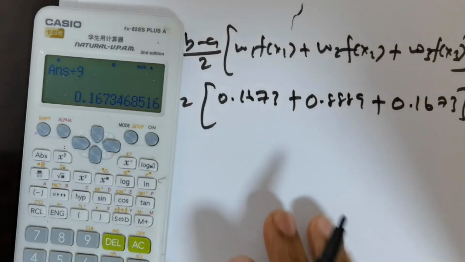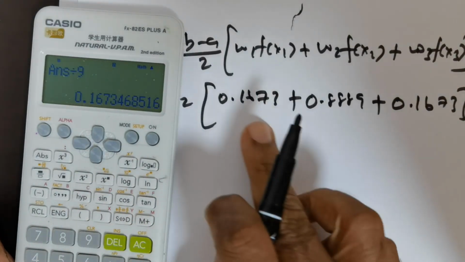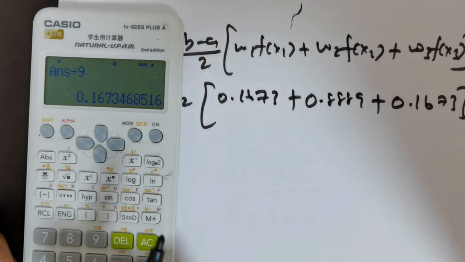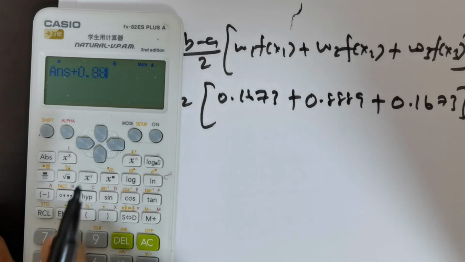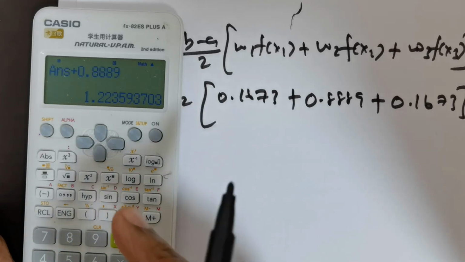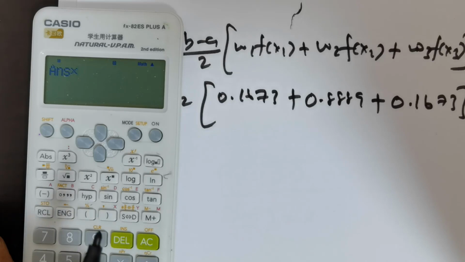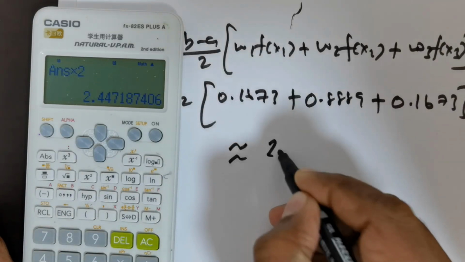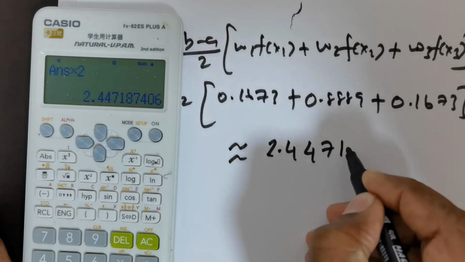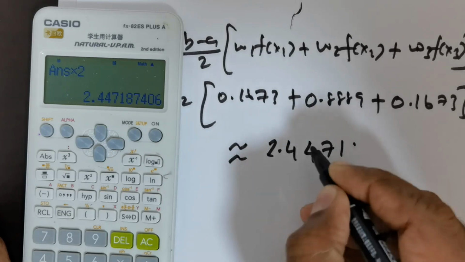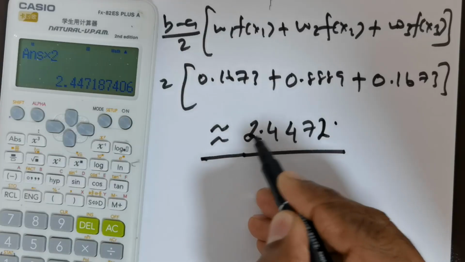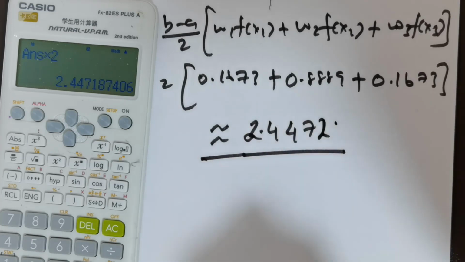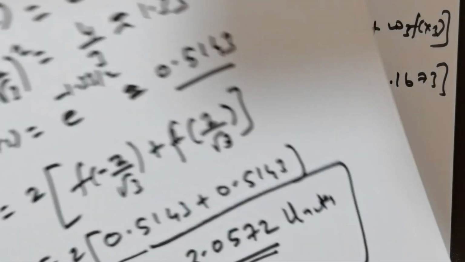So let me add them. I take that 2 and multiply by the sum. You see that value? I'm getting 2.4472.